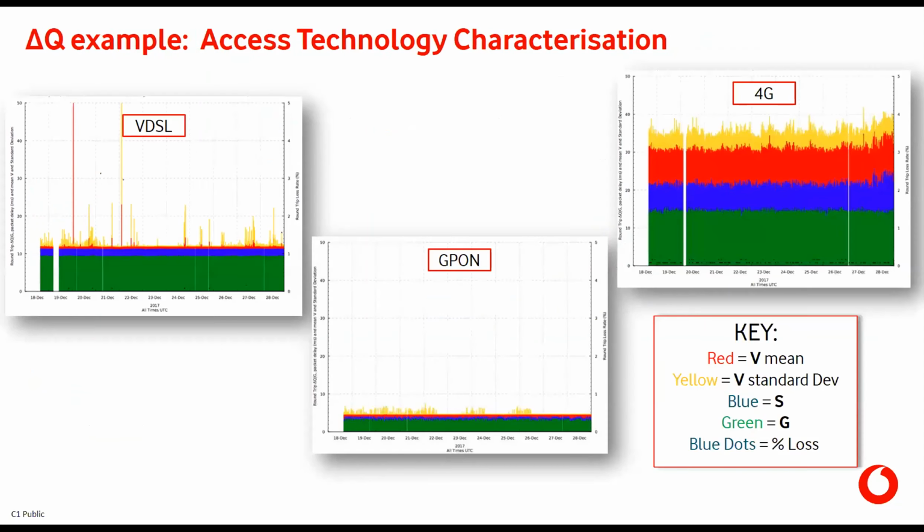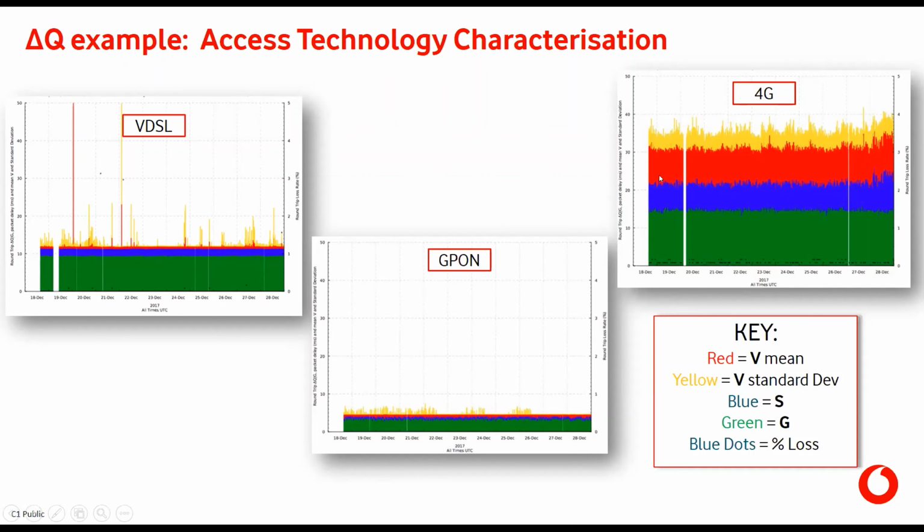So looking now at some example results. First of all, this chart shows the characterization of different access technologies. The green section is the geographic delay, the G component that Peter talked about. The blue section is the variable aspect related to the packet size.